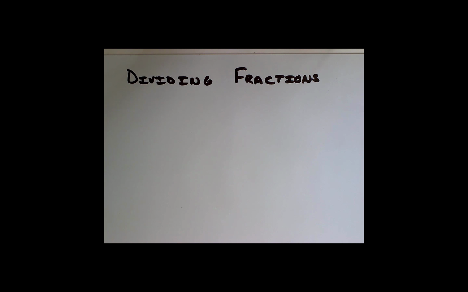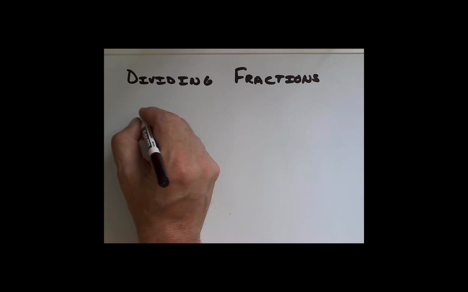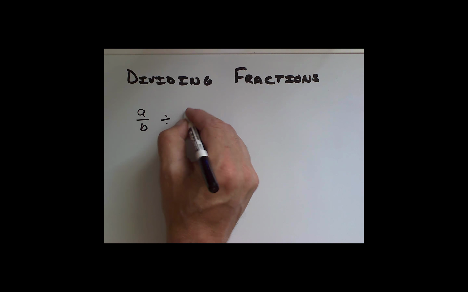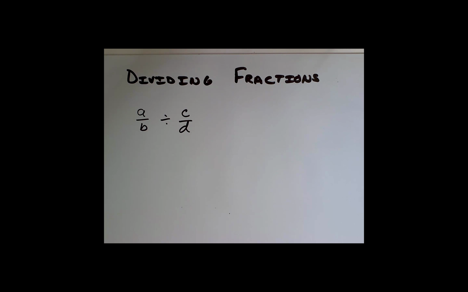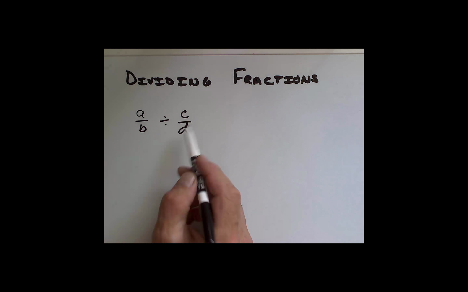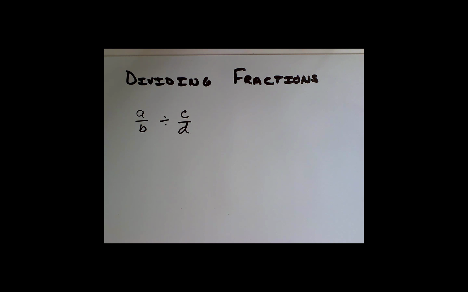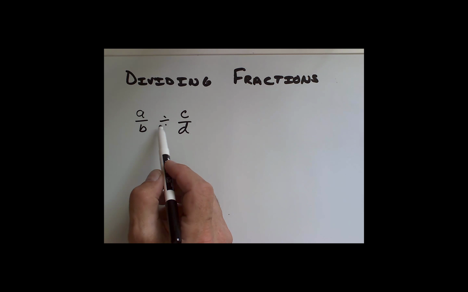Let's take a look at dividing fractions. If we had two fractions, let's say a/b divided by c/d. If we were to divide these fractions, here's the rule you follow. The fraction that we're dividing by, in other words, c/d, we're going to take the reciprocal of that, and then instead of dividing, we are going to multiply.